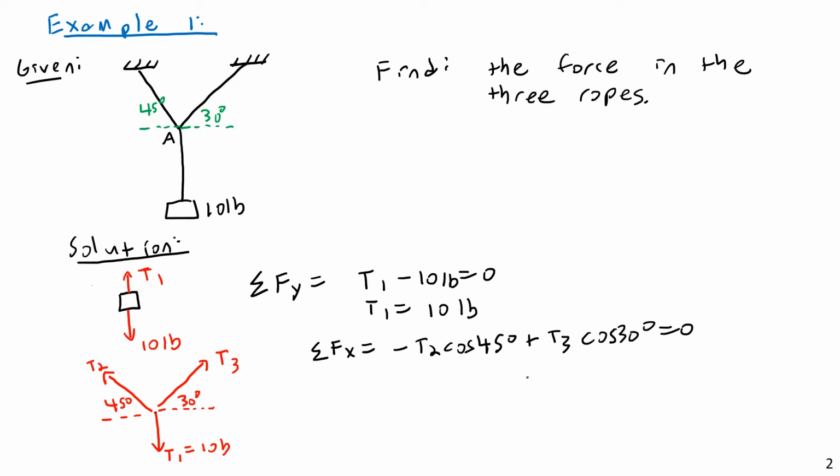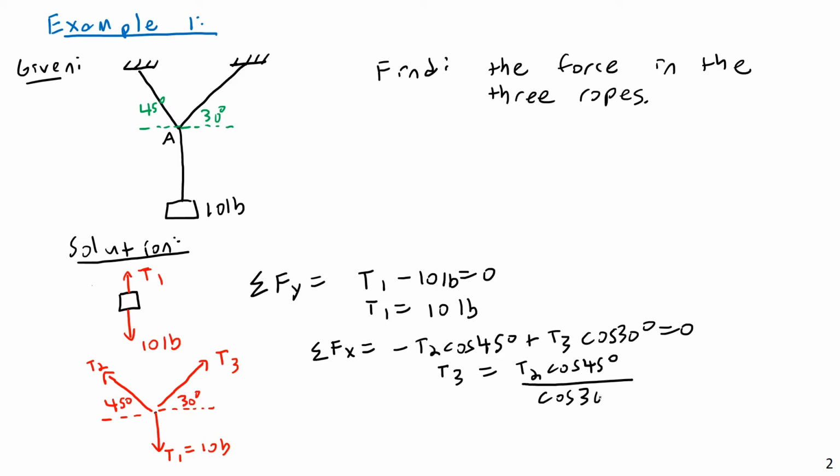So I have one equation with two unknowns, so I can't solve directly for anything with this, but I can simplify it at least. Maybe T3 would be a little easier. T3 is going to equal T2 times the cosine of 45 degrees divided by the cosine of 30 degrees.